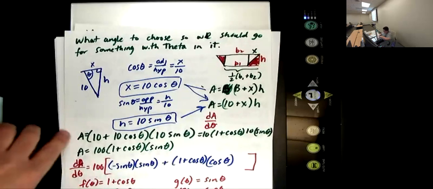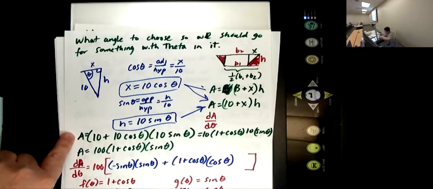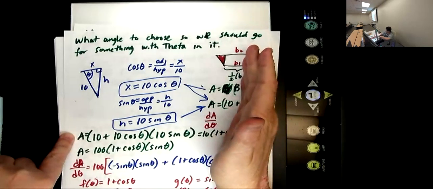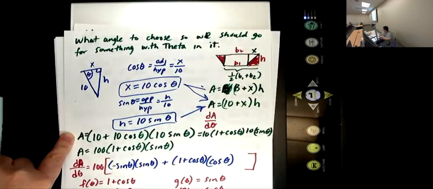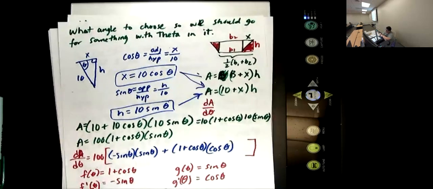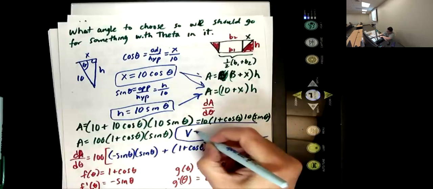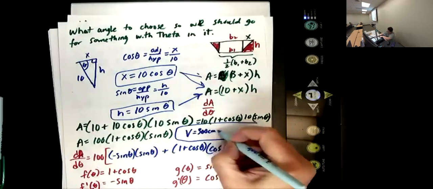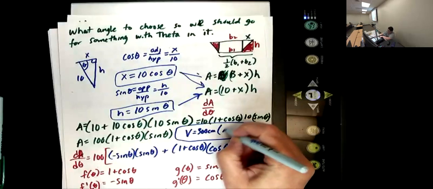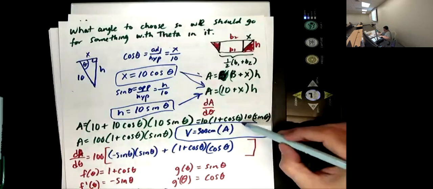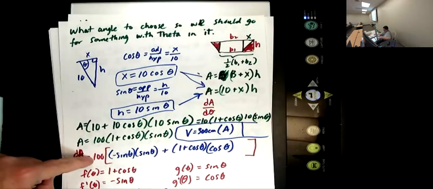Our area would have just been volume, but volume was times a fixed length that wasn't changed. It was times 3 meters, which is 300 centimeters. So in terms of volume, this would have been 300 centimeters times A. That's all that would have changed, and that just means multiplying this by 300.